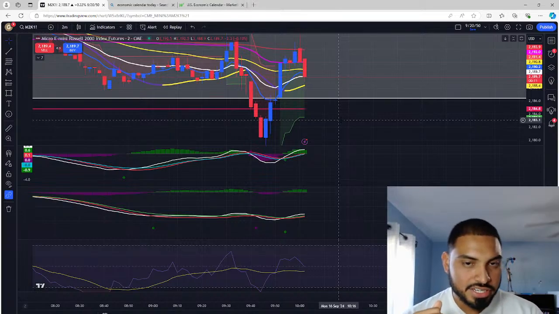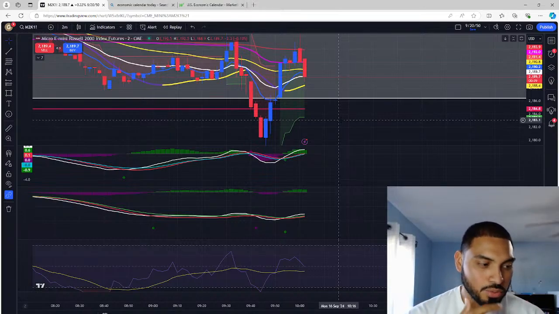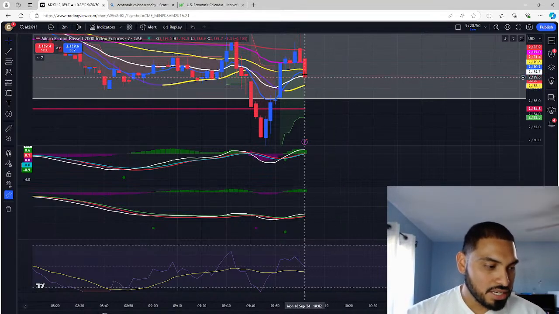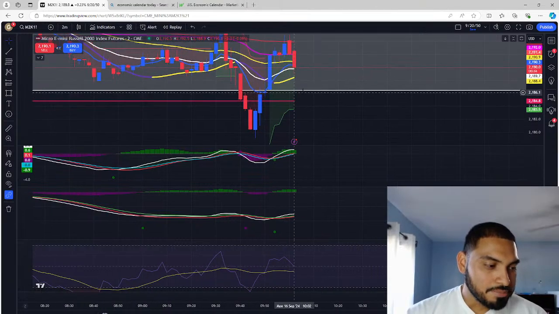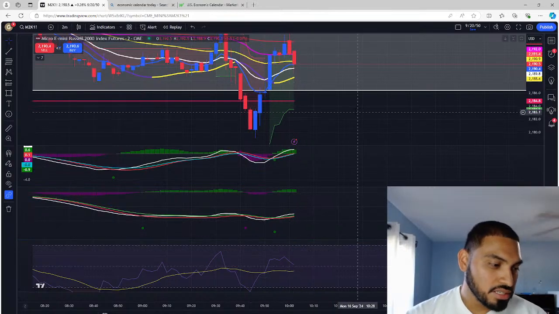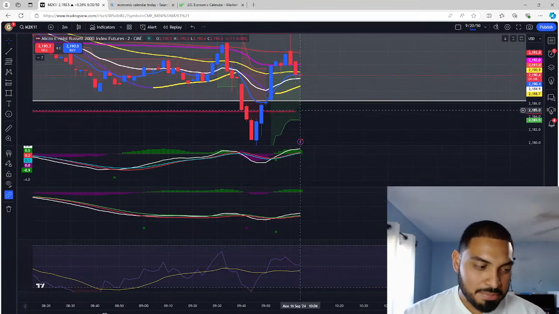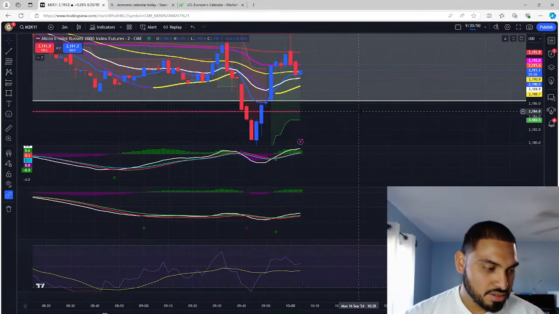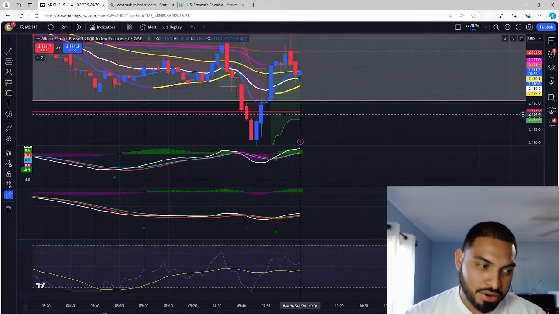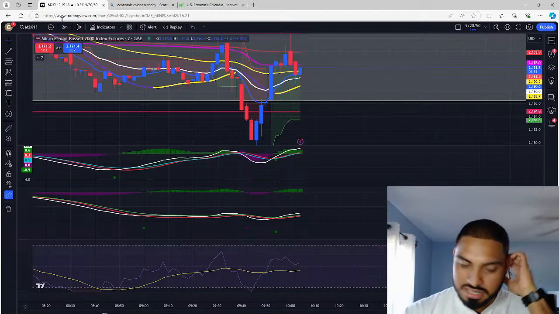So it looks like the position that we're going to take on is most likely going to be on the Russell. I need this red, I need this down. And maybe I probably need a break of that right here as well, and a break of super trend. I don't know. Let's keep on watching it.